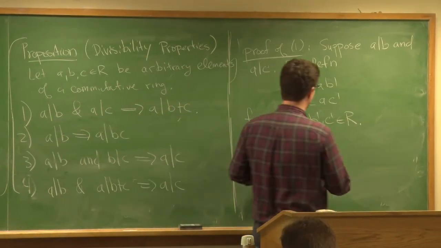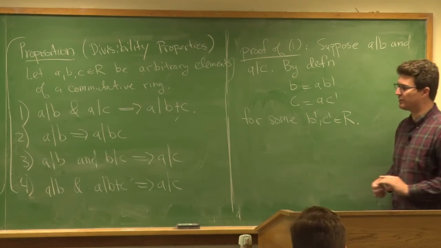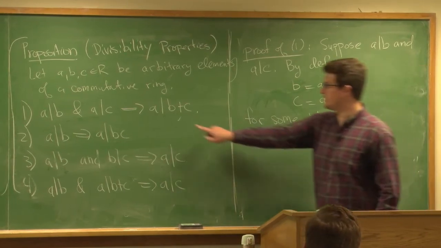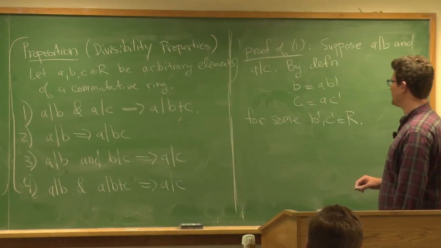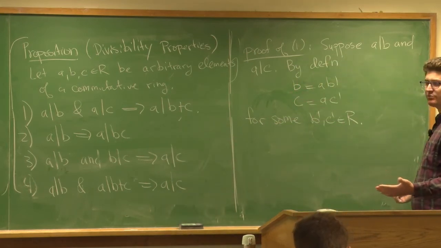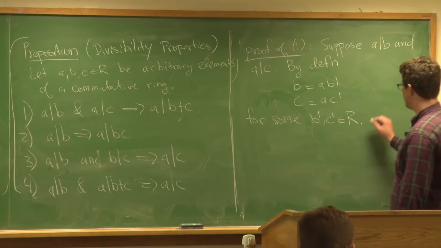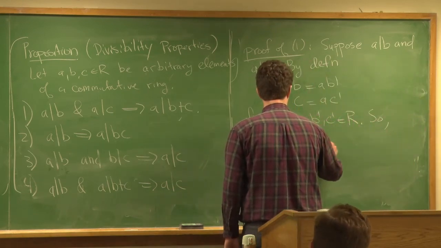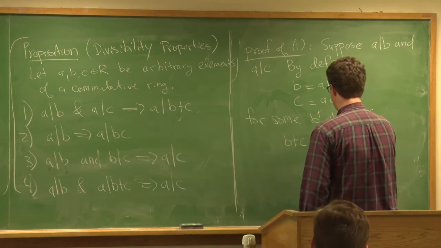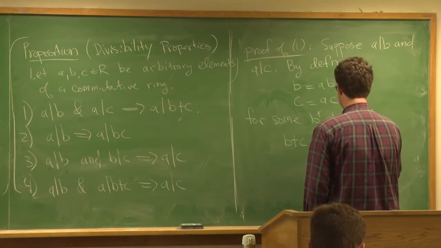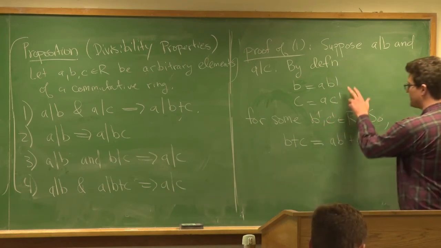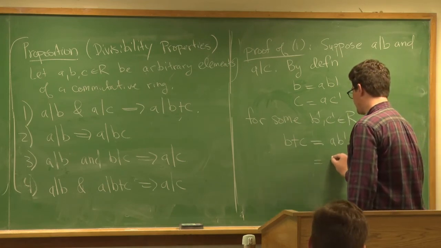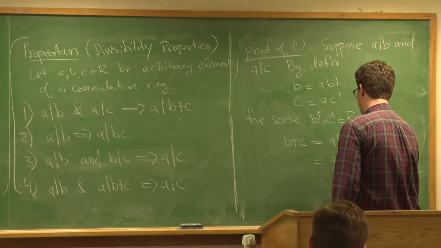So now we want to conclude that A divides B plus C. So let's just write down what B plus C is. So B plus C is equal to AB prime plus AC prime, and we're just using these two properties here. And so this is equal to A times B prime plus C prime.